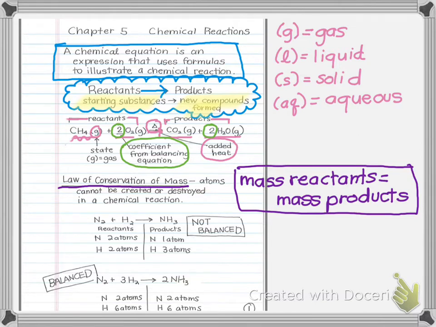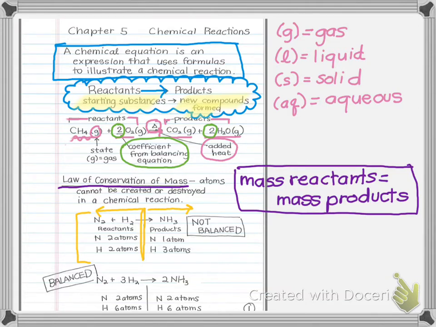So down here I have just a chemical equation where nitrogen reacts with hydrogen to make NH3 right here, which is ammonia. Now when I compare, so here's the arrow, so I know that it's the reactants to the left and the products to the right.